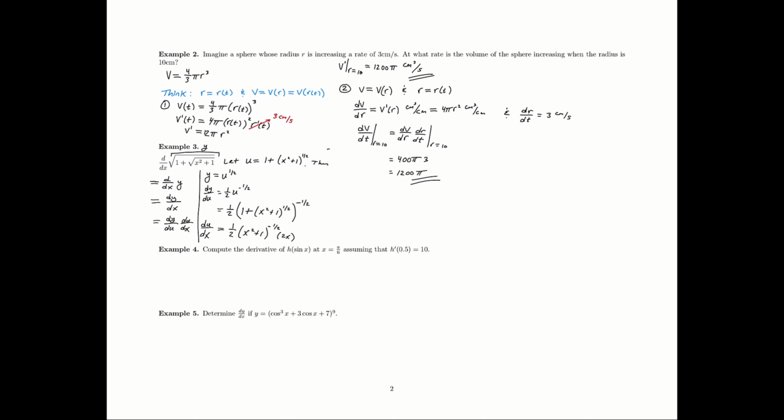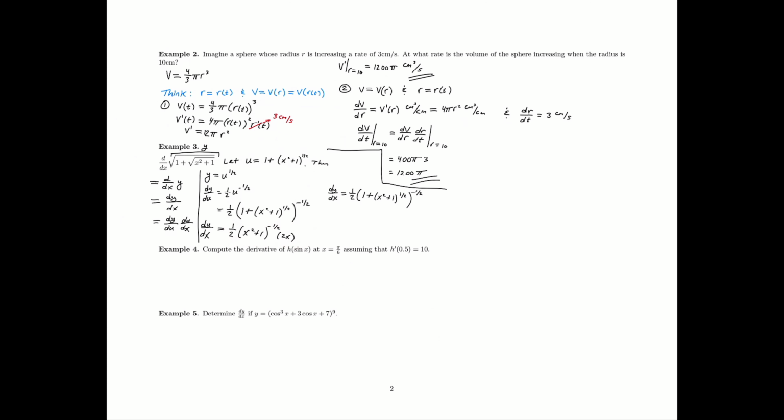So then if we put it all together, dy dx is dy du, which is 1/2 times 1 plus x squared plus 1 to the 1/2, all of that to the negative 1/2, and then we multiply by du dx, which is this bit here.